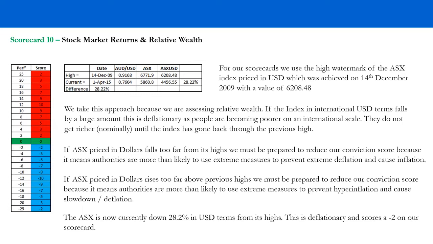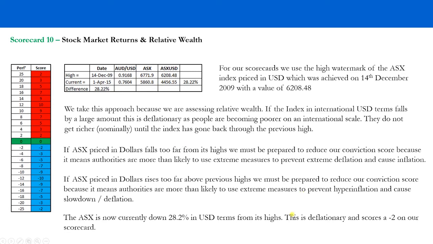So the high watermark was achieved on the 14th of December 2009 with a value of 6,208.48. So if you go through the data, you can actually go and find the day that the ASX priced in US dollars actually topped out. And then you can work out where it is now and how much it's fallen.